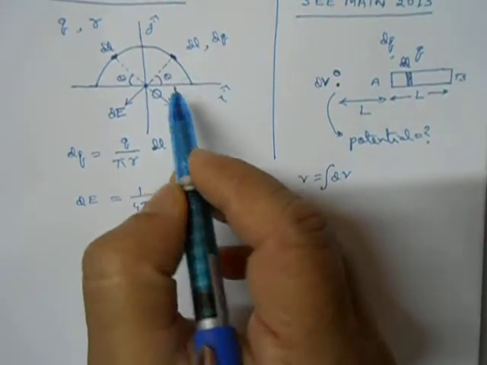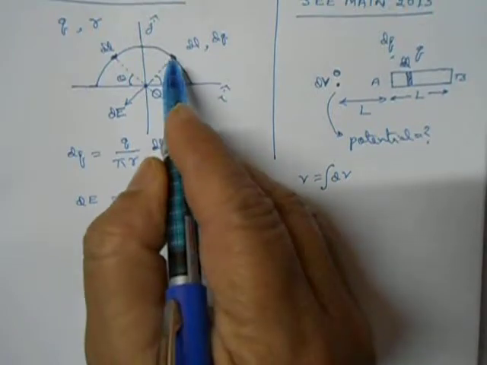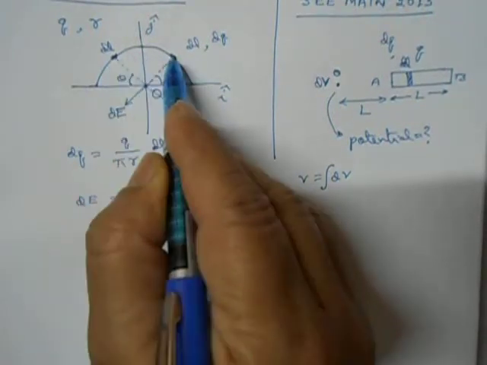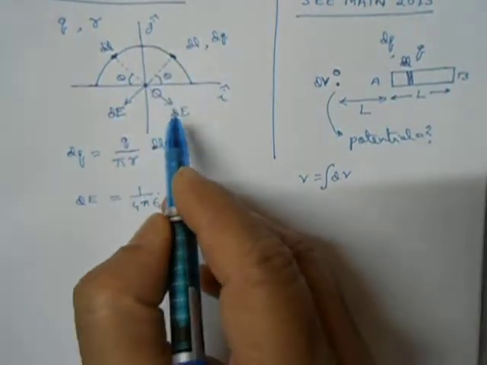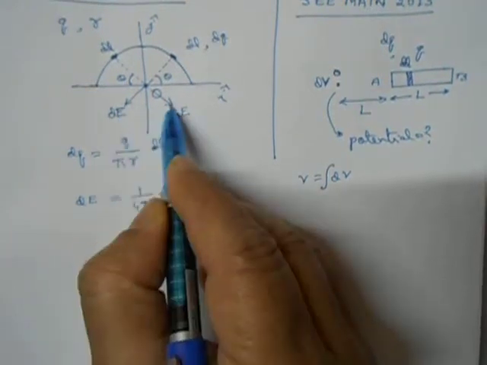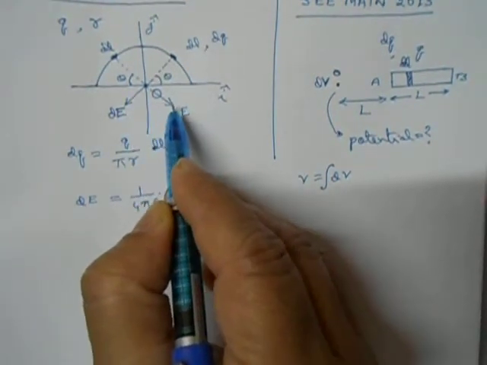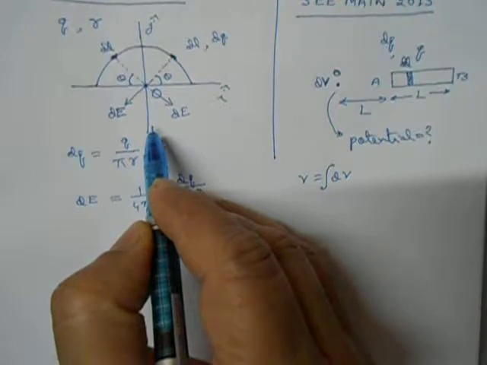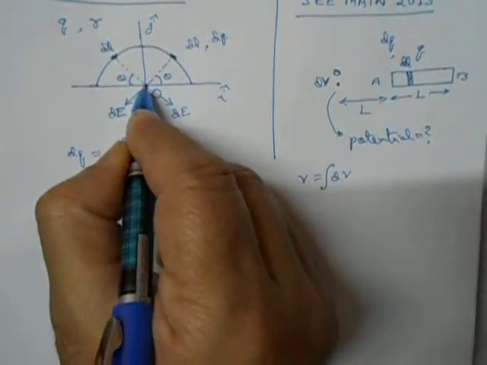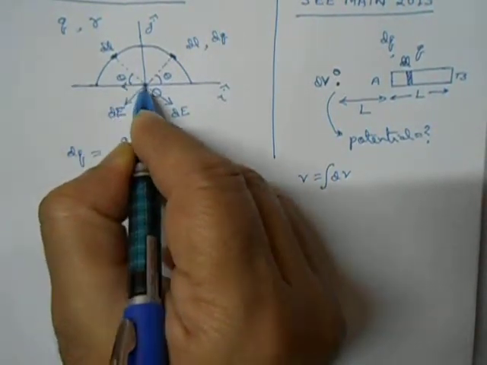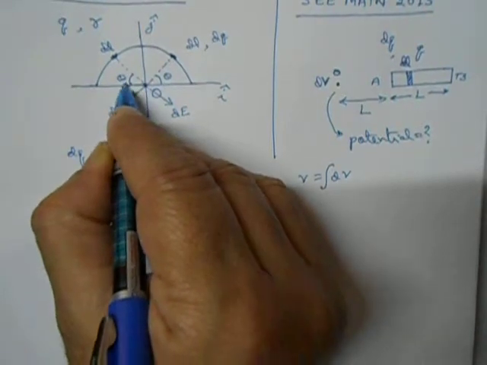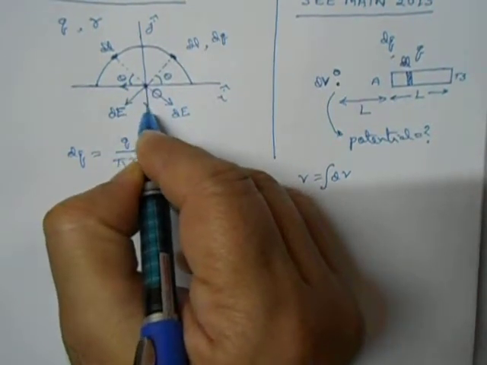Now the net electric field due to these two elements, to get that we have to add these two up by vector addition. So what we can do is make a resolution of this dE, one along this direction, one along this direction.